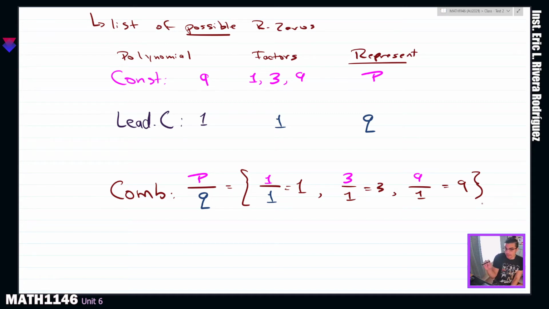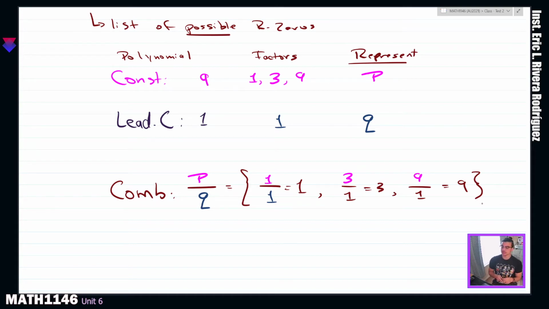So it will happen for some polynomials that you create a list of possible rational zeros, and none of those numbers are going to be zeros of the polynomial. This is just a list of possible rational zeros. It could happen that you create the entire list, you go through all those numbers, and you are not going to find a zero, because that means that polynomial does not have any rational zero. It has irrational zeros or complex zeros.